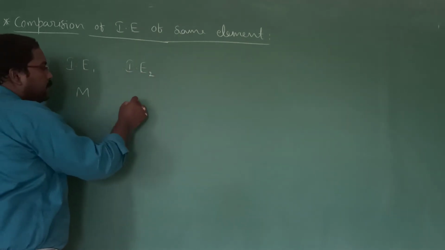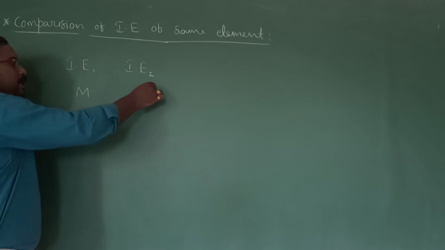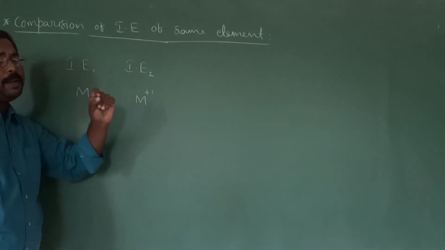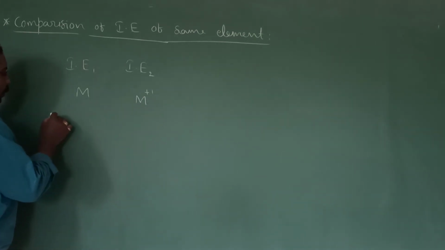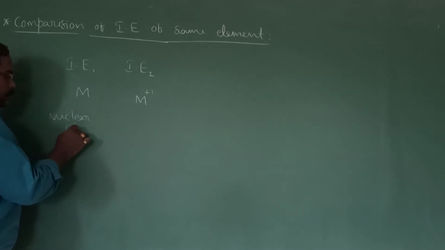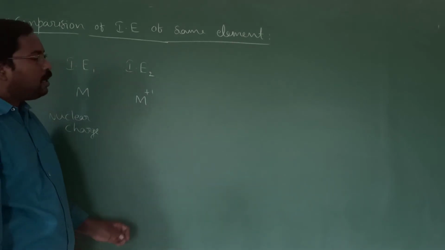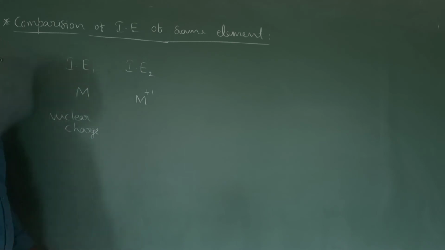But the second corresponds to the ionization energy of that element when it has a plus one charge. Now I have to ask you, what about the effect of nuclear charge on the outermost orbit of these two species? Because in a neutral atom, this is a cation.